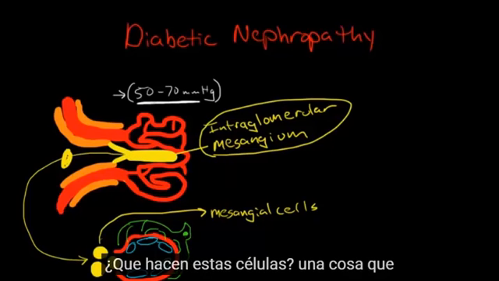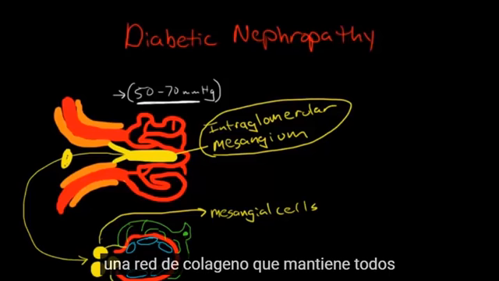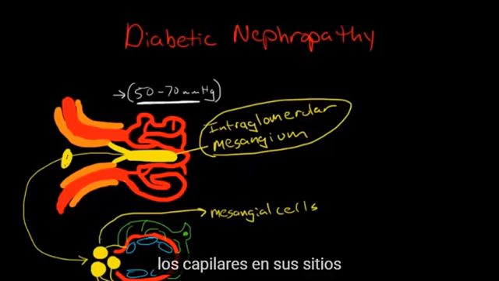So what do these cells do? Well, one thing these cells do is create this collagen network that holds all the capillaries in place.